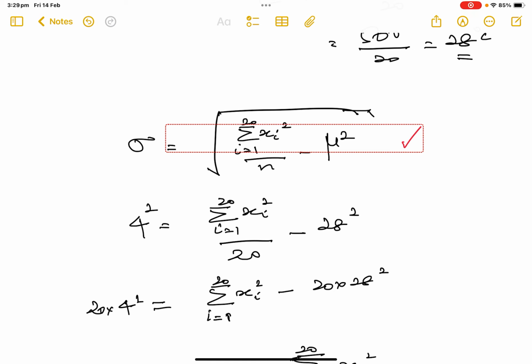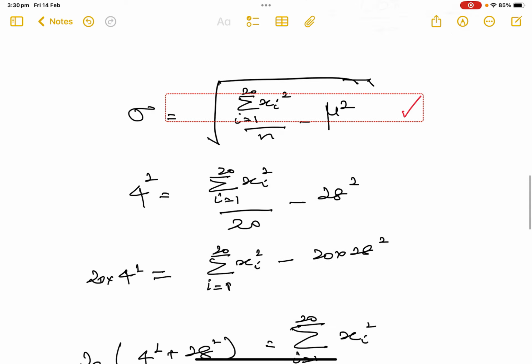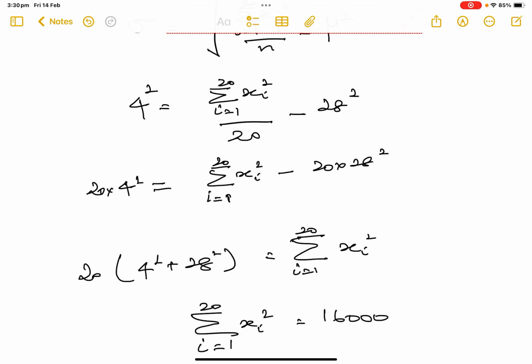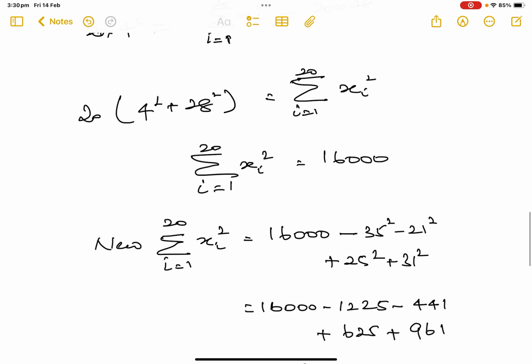So when we square both sides, sigma squared, that is 4 squared, equals the sum of xi squared over 20 minus 28 squared. From that, working out some algebra, the sum of xi squared equals 20 times 4 squared plus 28 squared. When you work it out, the sum of xi squared equals 16,000.